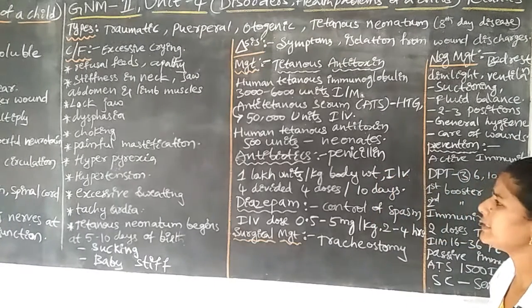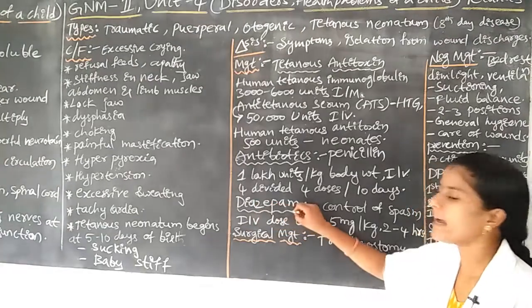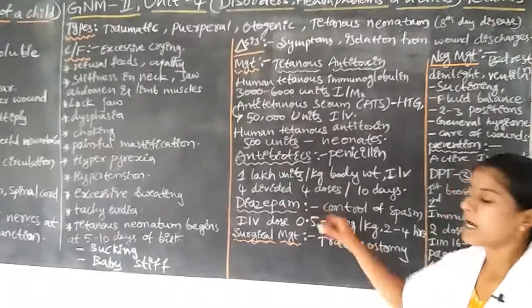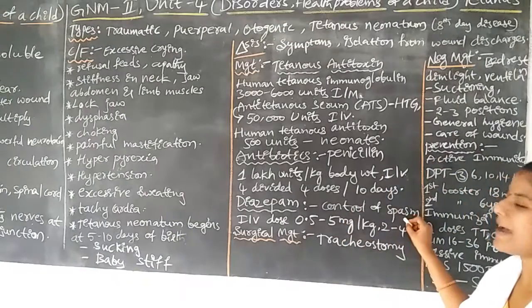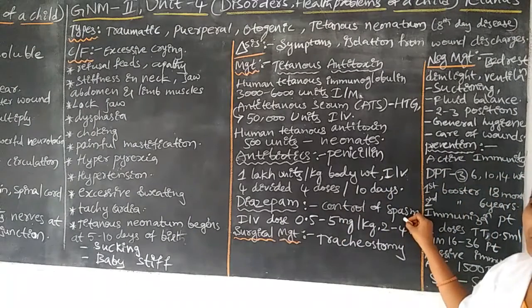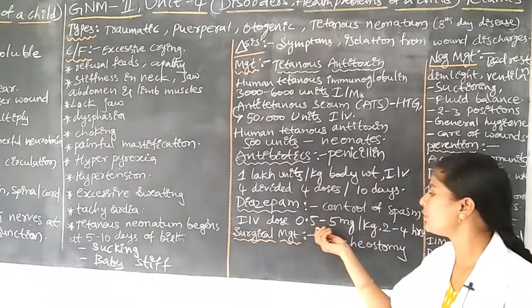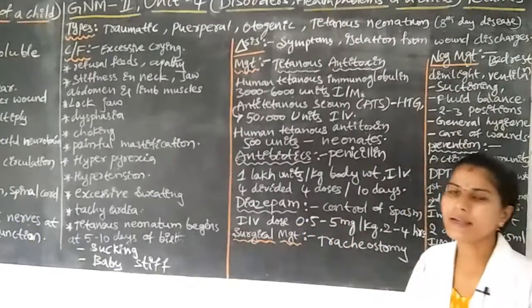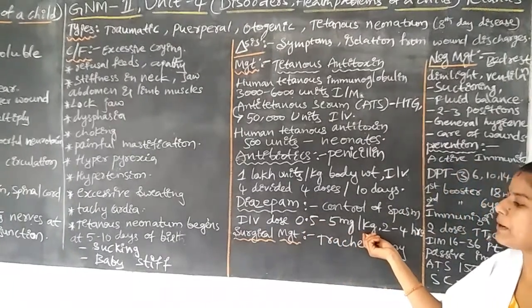Next, another drug is diazepam. It is administered for reducing or controlling spasms in the body. The dosage is 0.5 to 5 milligrams per kg body weight.